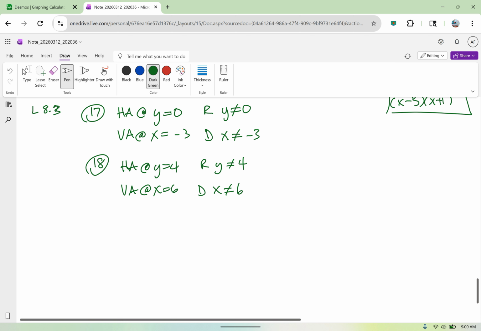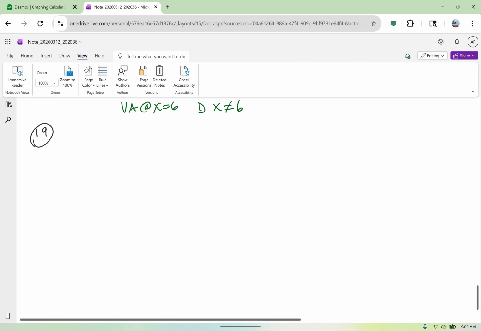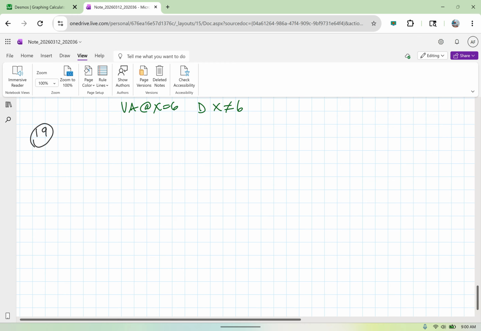All right, so we're moving into the last section. We are going to do 19 through 24. We're going to do the odds by full graphing. I am not able to, at least I don't yet know how to add a Cartesian graph to here. Let me change my background to there.